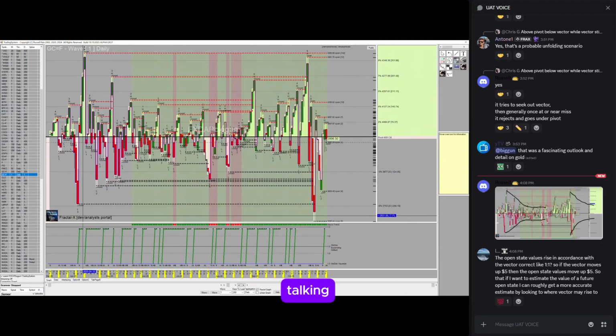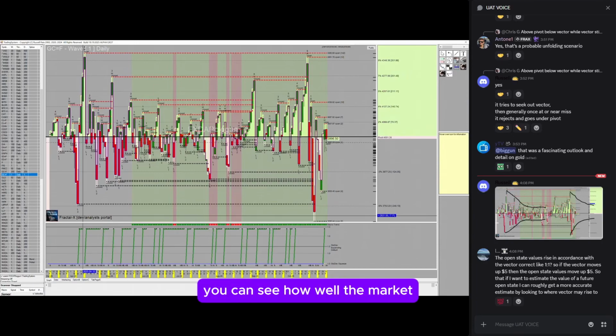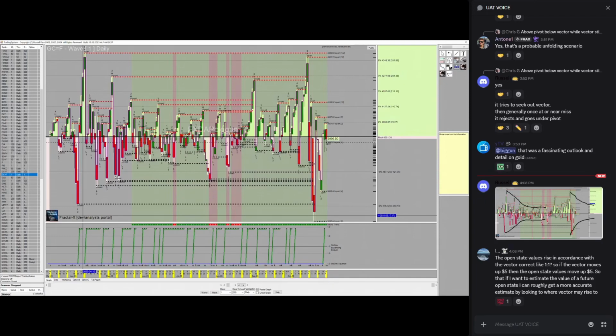As they're talking about fiscal restraint, you can see how well the market works when the government's closed. I think it's been shown that the market works best when there are no legislatures in session, when all the Congress people are off.